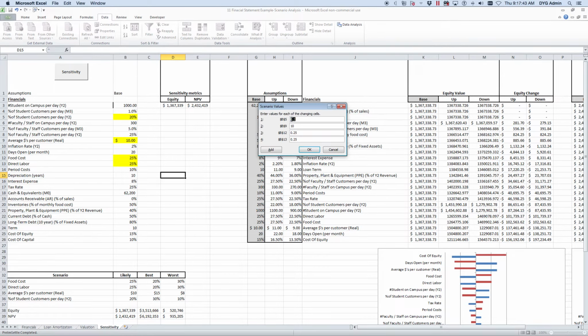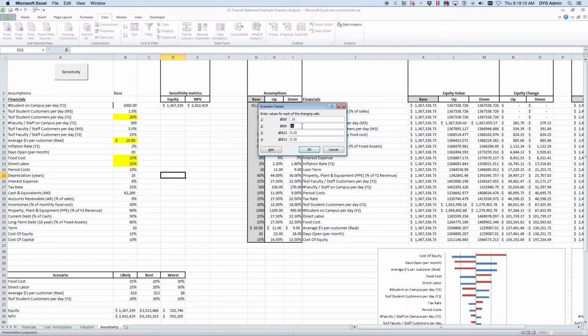And it's going to ask what do you want to change them to? We're making this XYZ. So maybe we want to change the student customers today to 40% just to see what happens. So 0.4. We want to maybe mix things up. Let's just say that it really is like 15%. So it's not really best, worst, most likely.